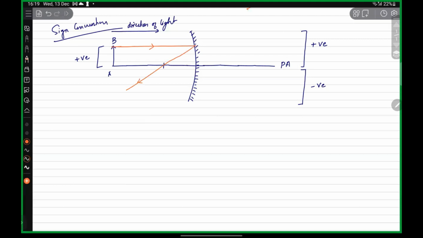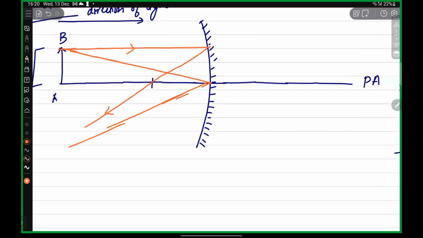This is your reflected ray. Let the other ray pass through the optical center. So if it passes through the optical center, it will go back at the same angle. So I'll zoom in a little bit. Your image is formed somewhere here. So let's say your image is A dash, B dash.